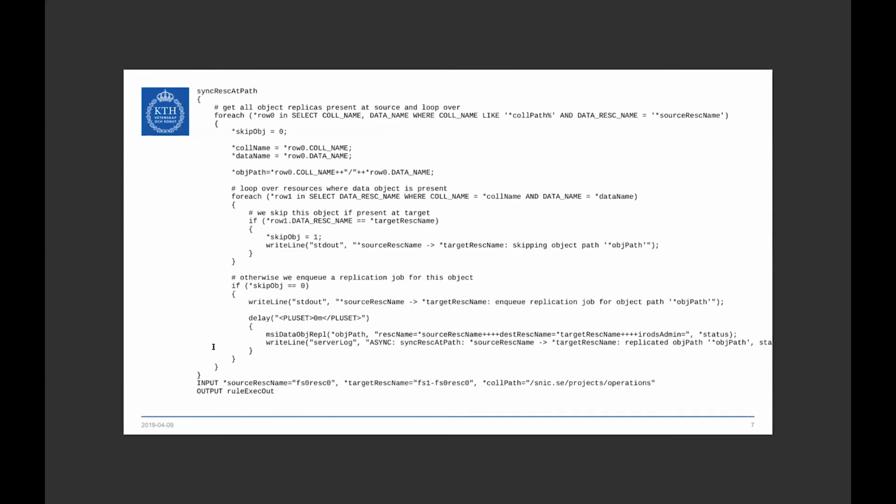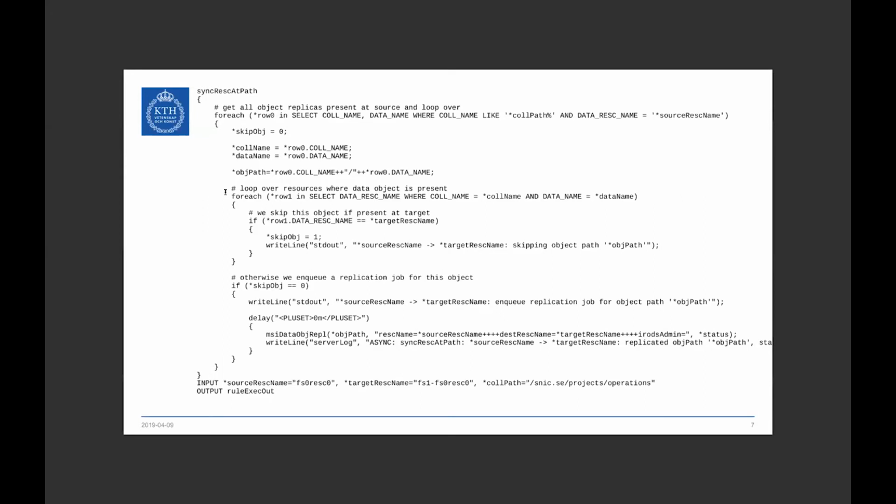And the rule file looks like this. So first, we use the built-in GEN query interface in the rule language, and we want to find all data objects that are residing within a certain virtual path, and within a certain resource. And then we start figuring out if this is an object that we want to replicate.